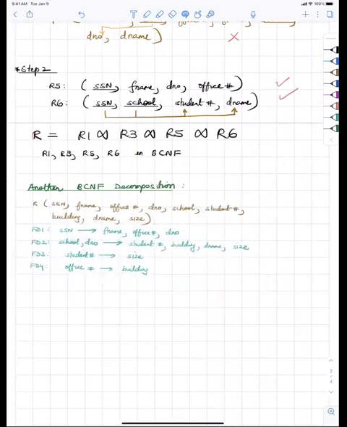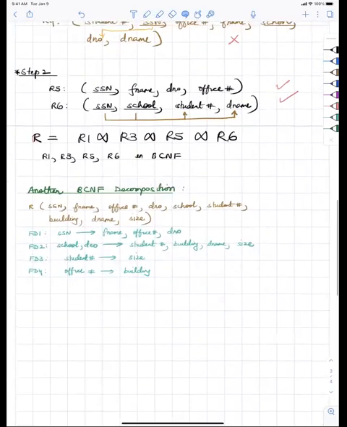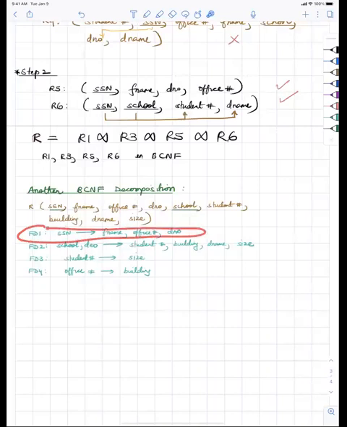Okay, so this was the original table, and these were the functional dependencies, and we had found that the key was SSN and school. Instead of starting with FD4, let's start with FD1 this time, a functional dependency that's violating.